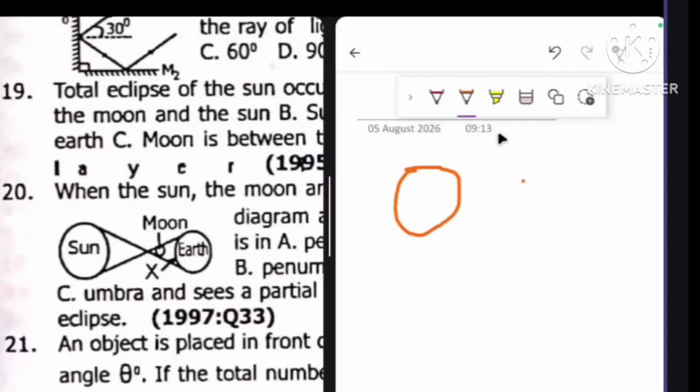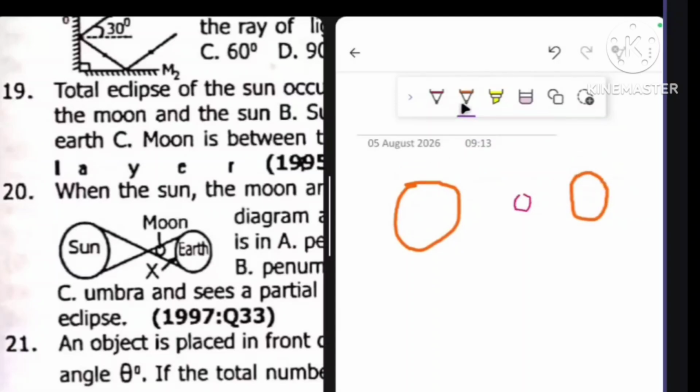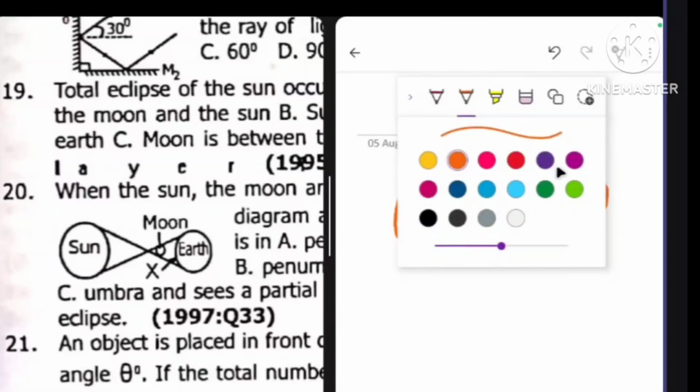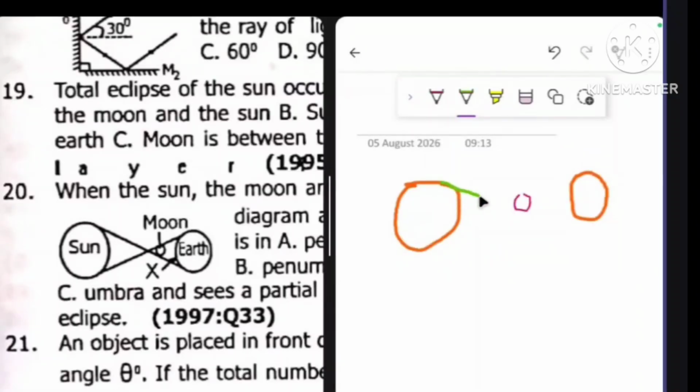Then we have the moon, significantly smaller, right here. And then we now have the earth, quite bigger than the moon. And looking at the rays that are coming, let me use green for that. This is the ray from the sun. It's touching, passing through the moon.